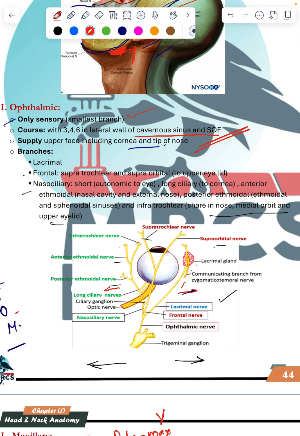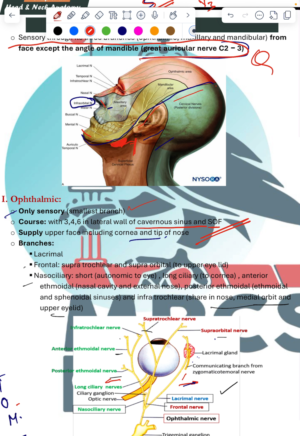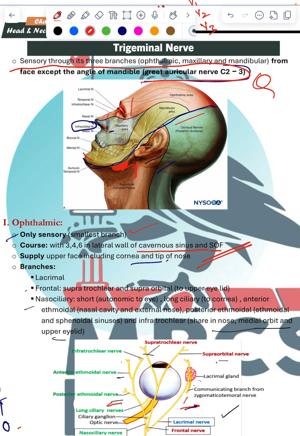Then frontal, you can see branches: the lacrimal branch, frontal branch, nasociliary branch. So nose, ethmoidal cavity. Whenever a person gets sinusitis, the headache is in the frontal area. Nose, eyes, any irritation in the eyes, a headache, most people get in this frontal area.